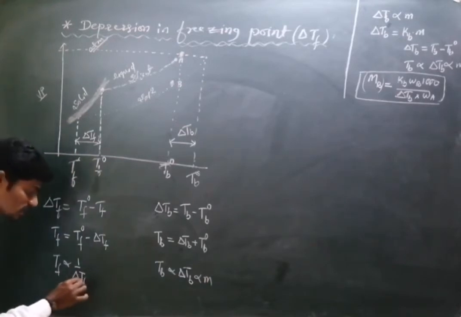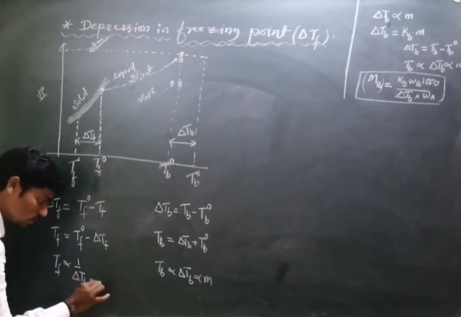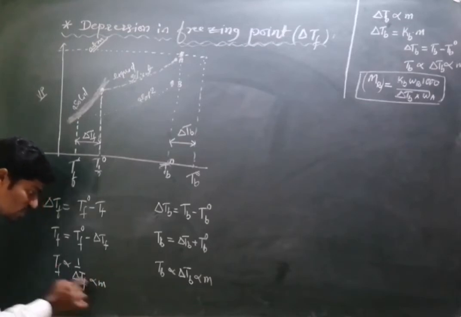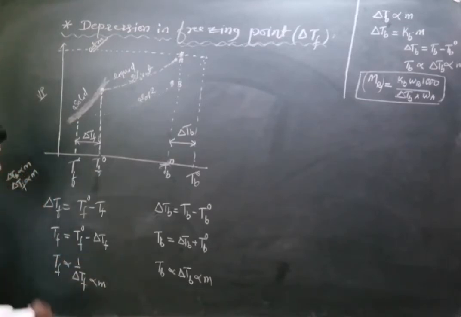Whereas in this case, delta TF is directly proportional to molality, hence TF is inversely proportional to molality. This is for the point of objectives.